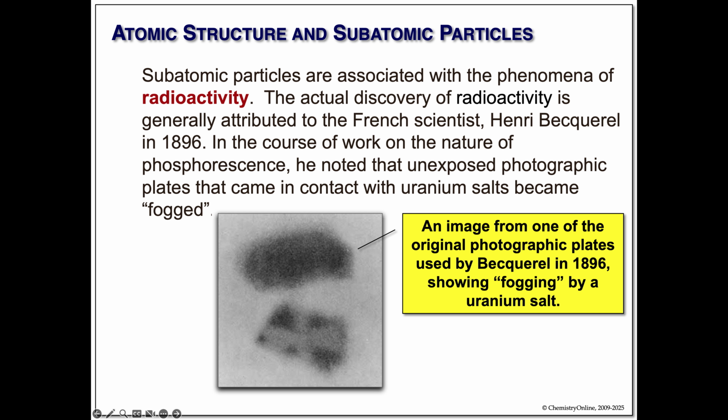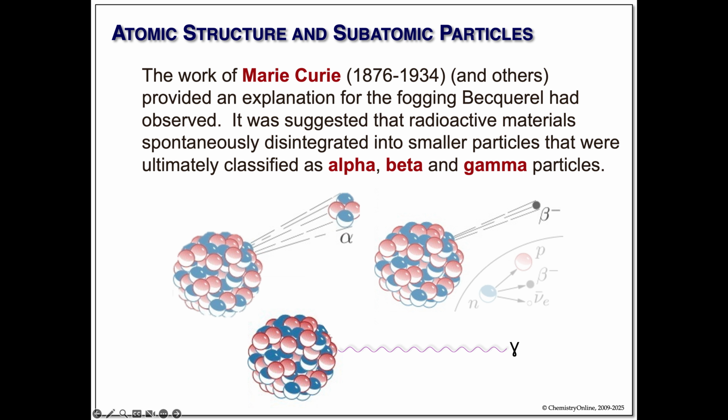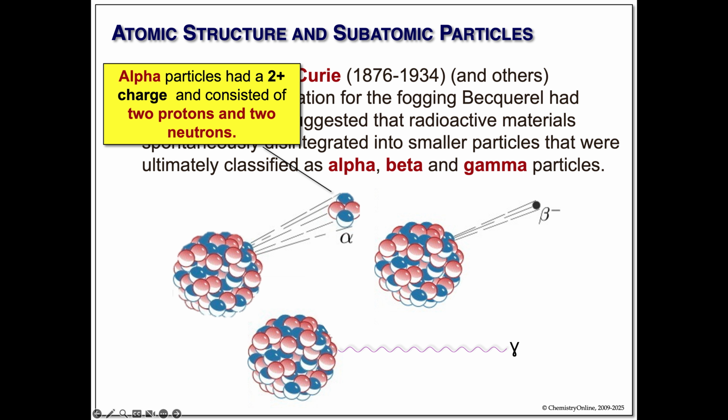The answer came from Curie, among others, and they basically said that the uranium salts and their decayed products were emitting subatomic particles. They labeled these as alpha, beta, and gamma. Alpha particle had a +2 charge. It has 2 protons, 2 neutrons.